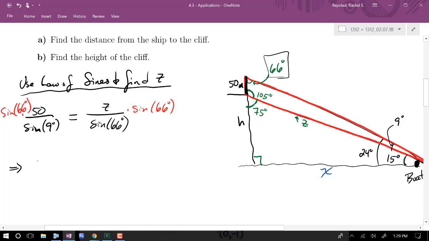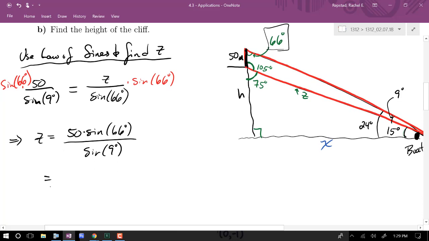And that gives us z is 50 times sine of 66 over sine of 9 degrees, which is 291.99.